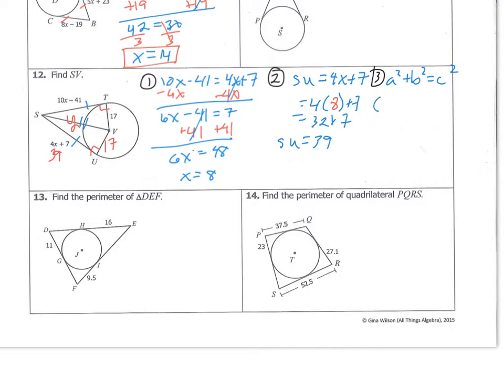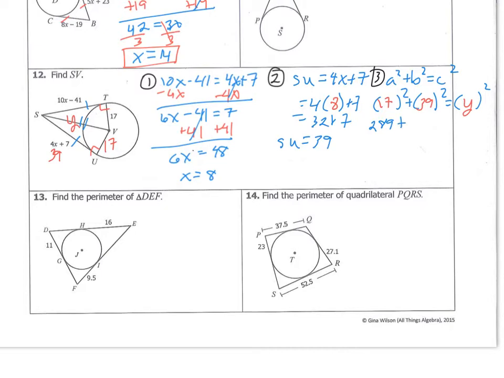So what's our hypotenuse? The Y. So I want that on one side by itself. So my Y is going to go here, and then my legs are 17 and 39. What is 17 squared? 289.